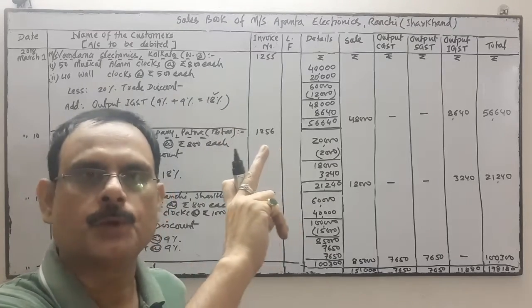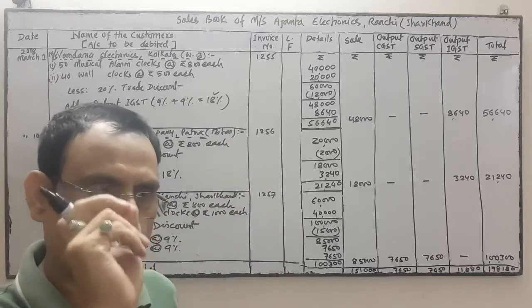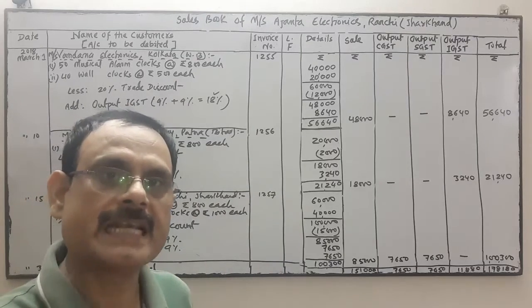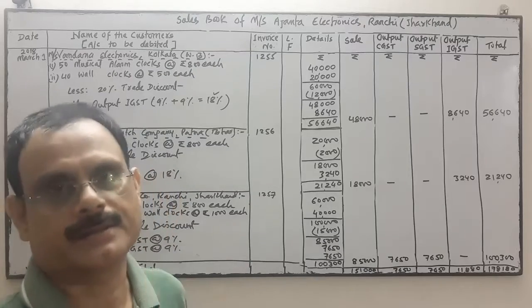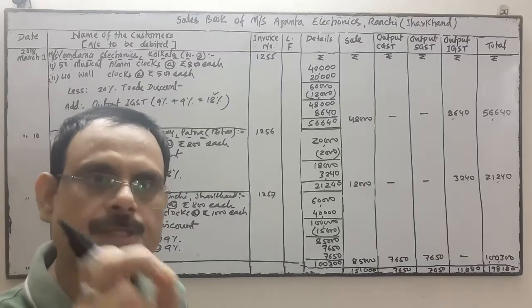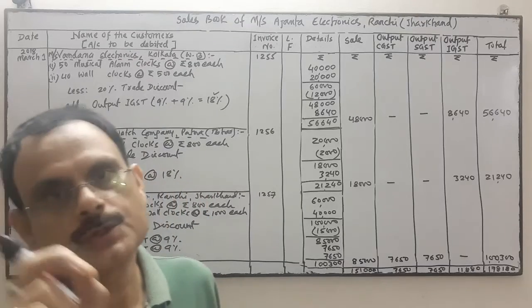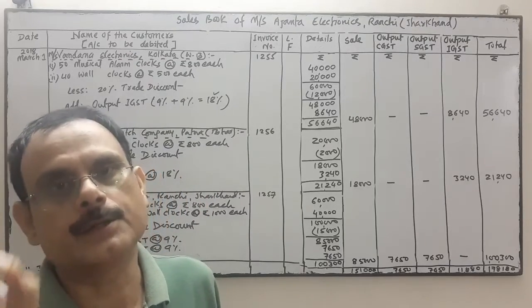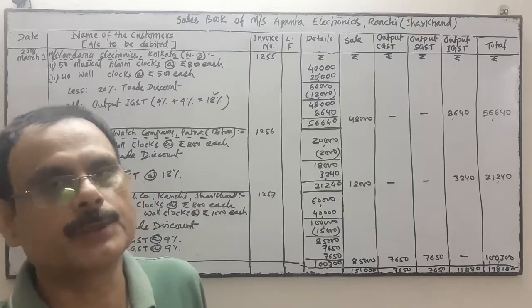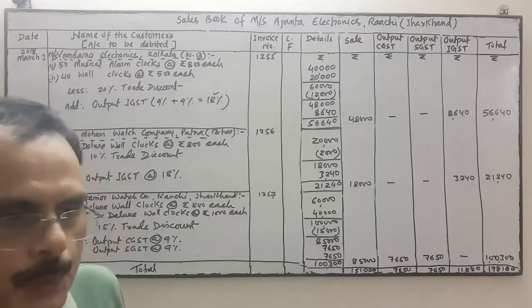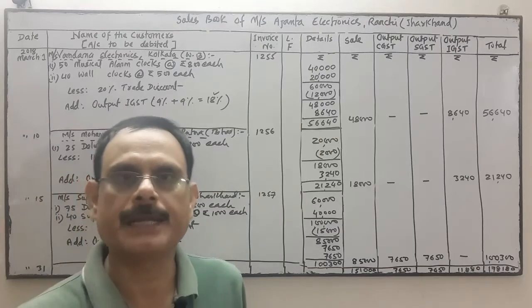Similarly, in the purchase book we record goods purchased on credit. If goods are purchased on credit, they are recorded in the purchase book. If goods are sold on credit, they are recorded in the sales book. So the purchase book and sales book are completed.